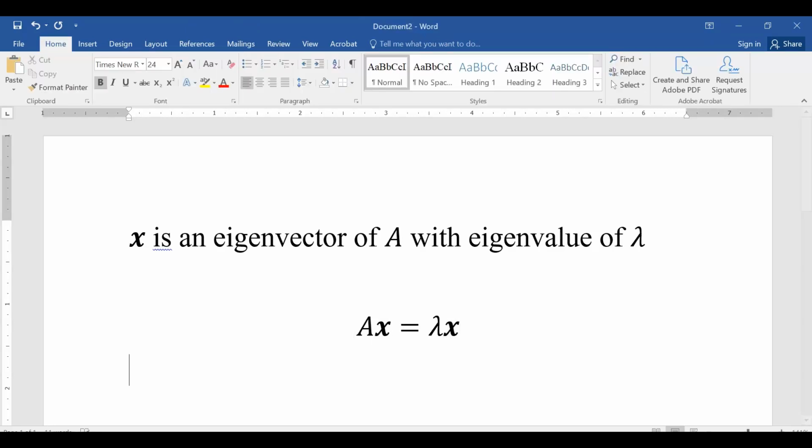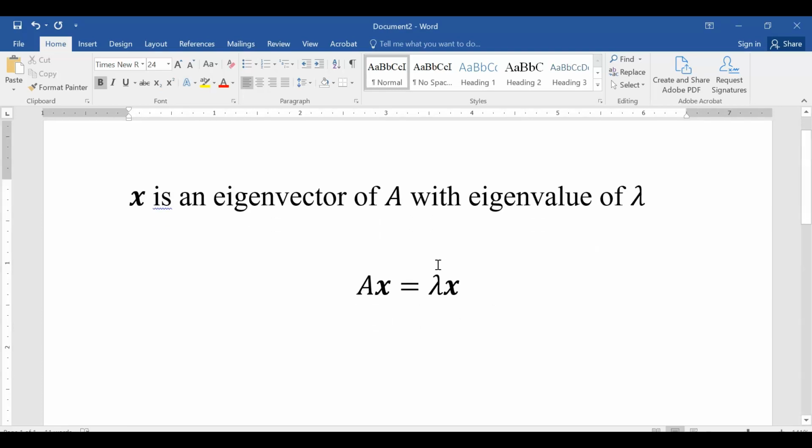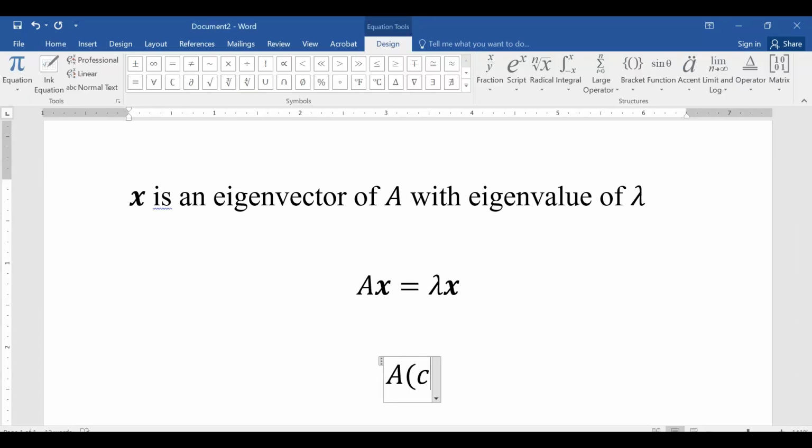Now, if that is true, then notice what's going to happen when I multiply A times a constant times that same vector. So if I take this constant times a vector and multiply it by A, well, what do I get? Matrix multiplication along with multiplication of a constant. We've seen this property before, that we can pull the constant out in front of A.